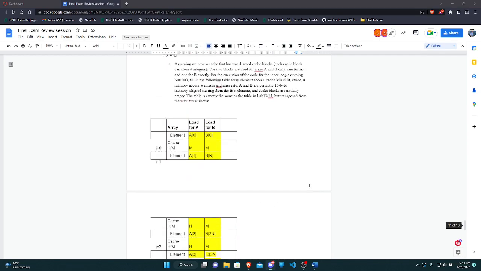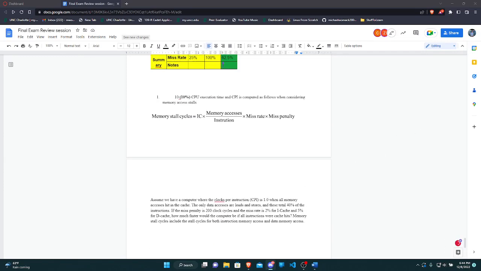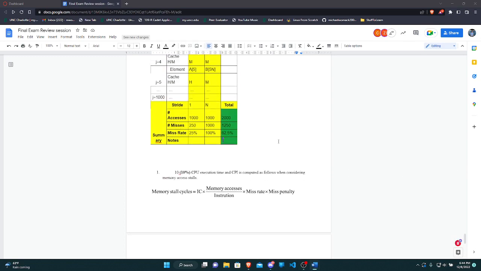Now for question 10. Okay. Alright, Charlotte, I had a quick question about 9. In general, for the load for B, they were all misses. Was that because it had a stride of n essentially, or is my reasoning off?